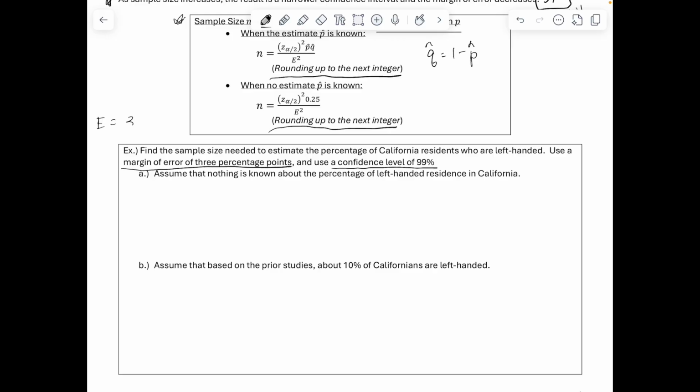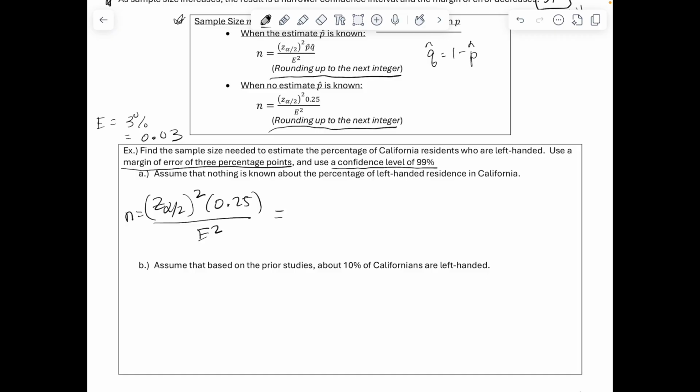So this means that E is equal to 3%, and as a decimal, this would be 0.03. So part A says, assuming that nothing's known about the percentage of left-handed residents in California. So since no prior estimate's known, that means we're going to be using that second equation, which is z alpha over 2 squared times 0.25 divided by e squared.